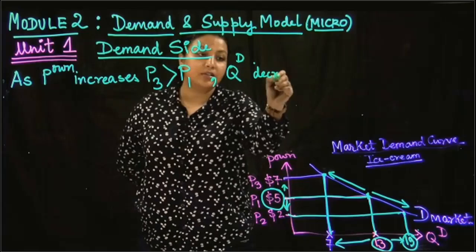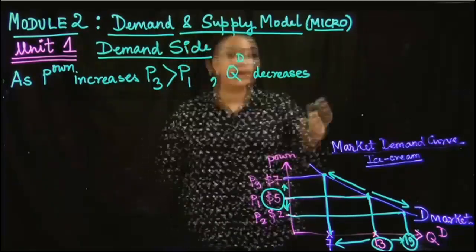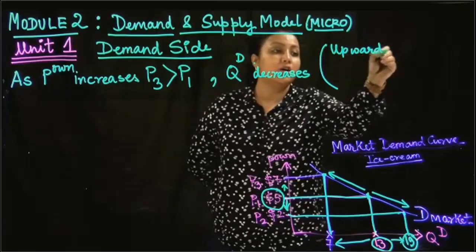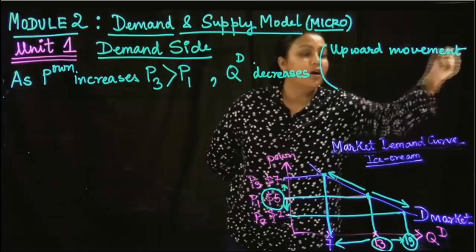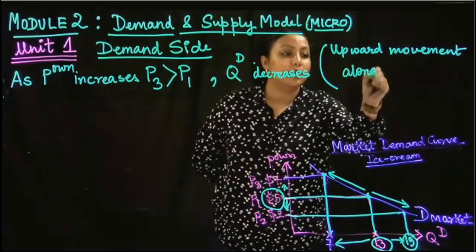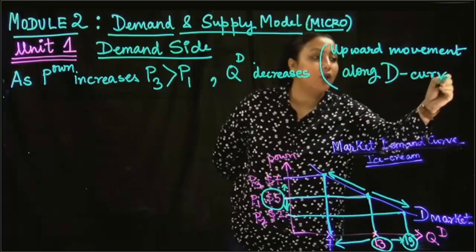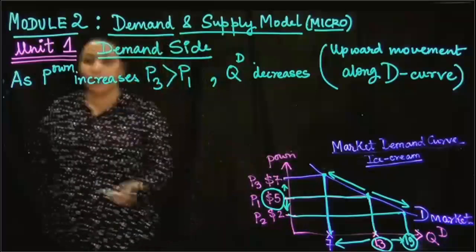That means there is a decrease in the quantity demanded, and this happens through an upward movement along the demand curve. And in this class I am going to call the demand curve the D curve. It means the demand curve.